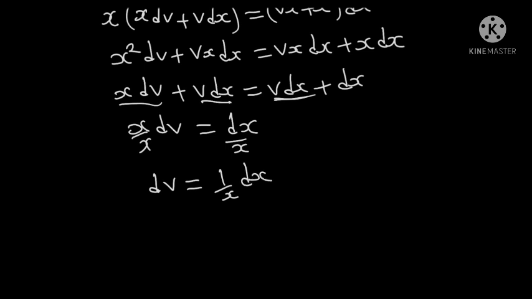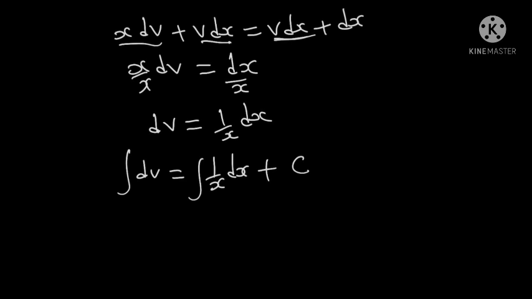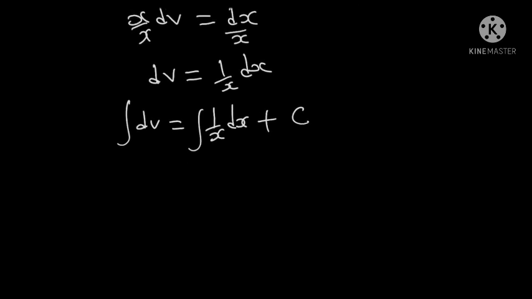Since we've been able to separate the variables, we can now integrate both sides to get the answer. So the integral of dv equals the integral of 1 over x dx plus, of course, the constant of integration. The integral of dv will give us v, and the integral of 1 over x dx will give us ln x, plus, of course, the constant of integration.